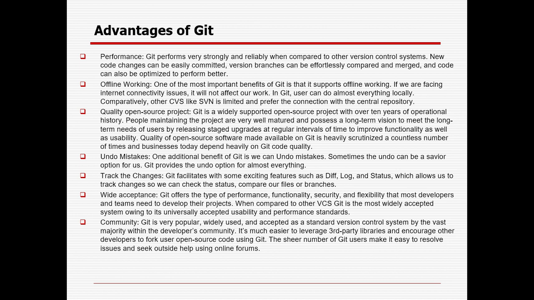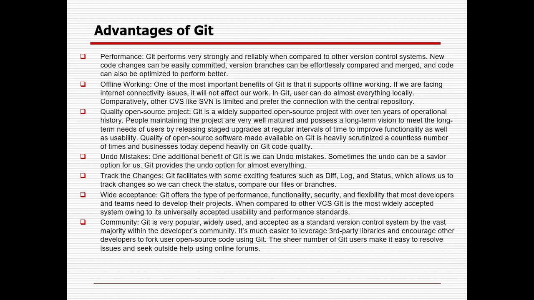Quality open source project. Git is a widely supported open source project with over 10 years of operational history. Not 10 years, I think it's 15 years even, right? It started in 2005, so it's 16 years. The people mentoring the project are very well matured and possess a long-term vision to meet the long-term needs of users by releasing staged upgrades at regular intervals to improve functionality as well as usability.